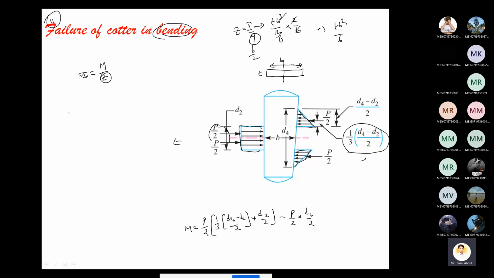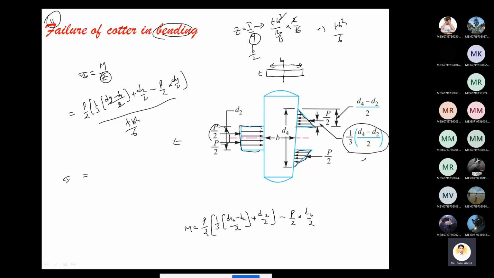So I am writing here P by 2 into 1 by 3 (D4 minus D2) by 2 plus (D2 by 2 minus P by 2 into D4 by 2), divided by T B square by 6.